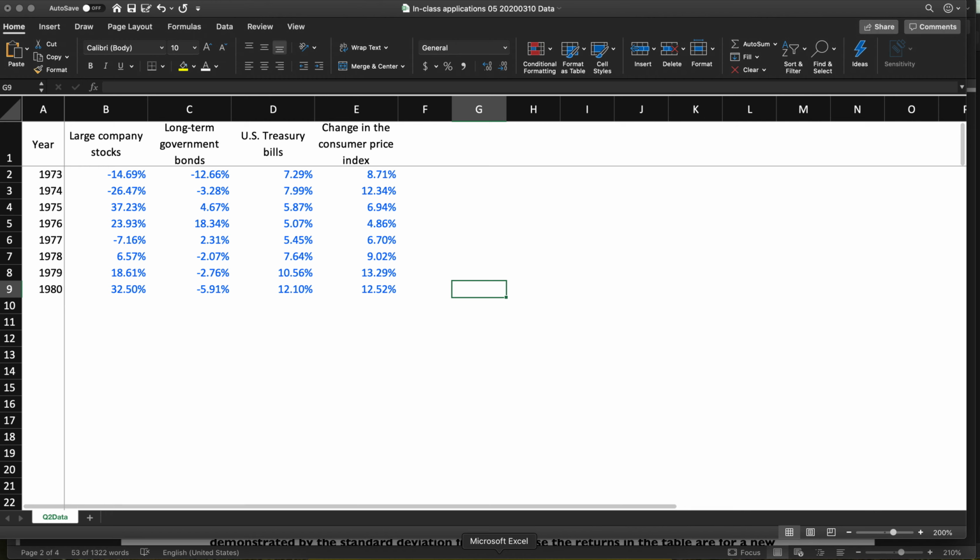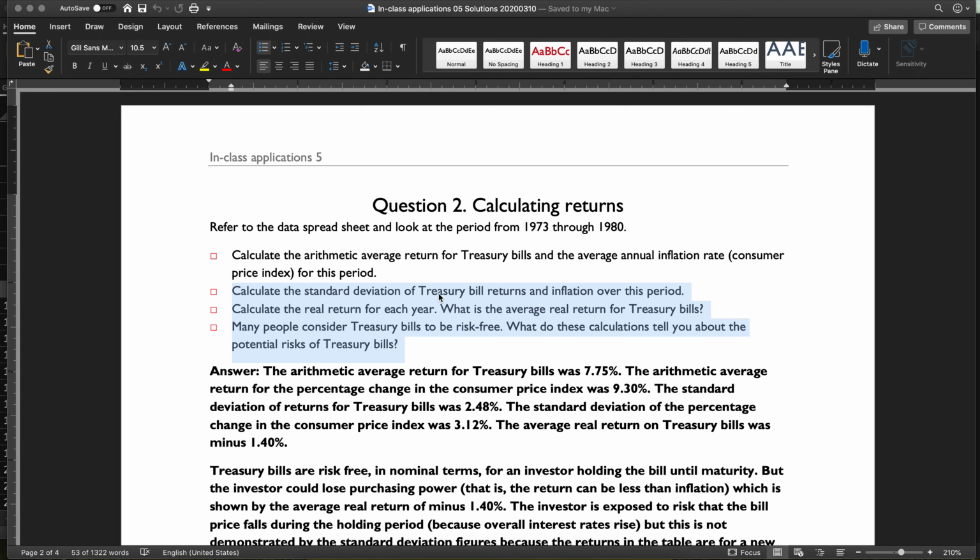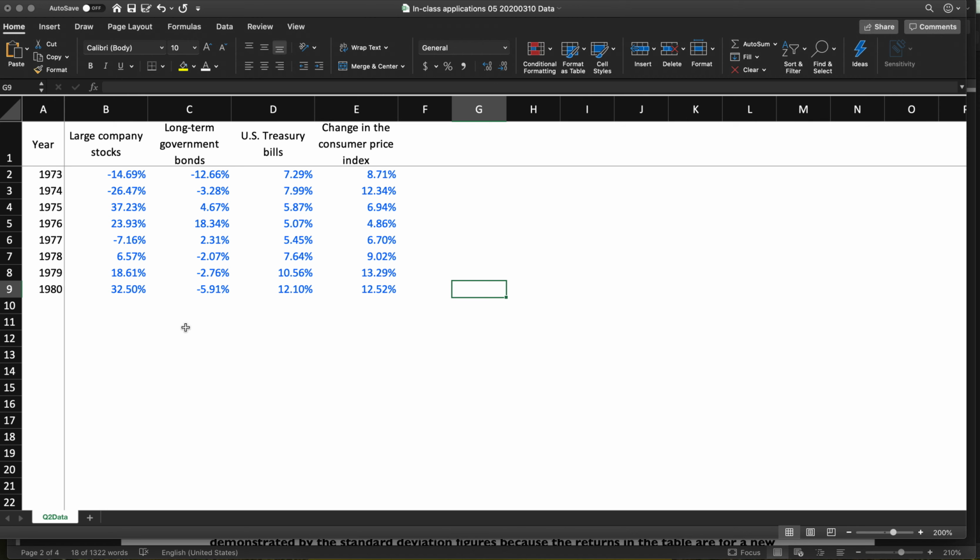All right, let's look back at the question and see what we need to do. Arithmetic average return for T-bills and the average annual inflation rate. These are T-bills. This is the inflation rate via the consumer price index.